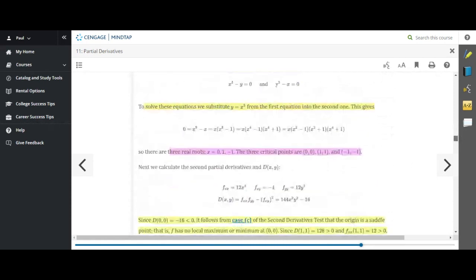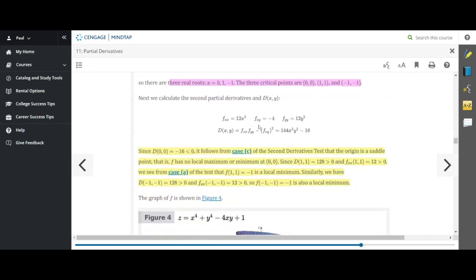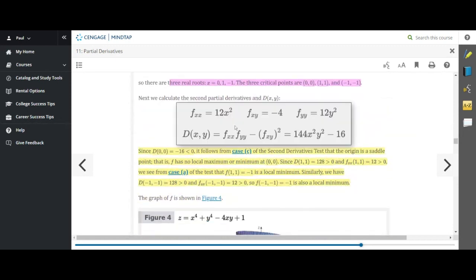I showed you the part where they found the critical points, but then they compute the second partial derivatives and the value of D. To compute the function D, you need the second partial derivatives with respect to x and y, and then the mixed partial derivative.